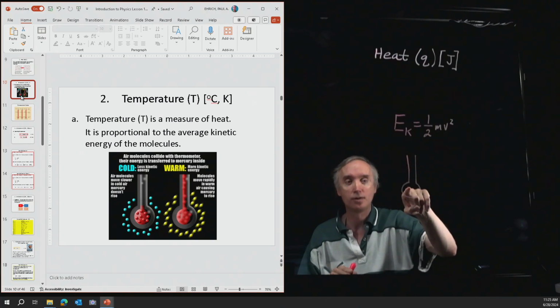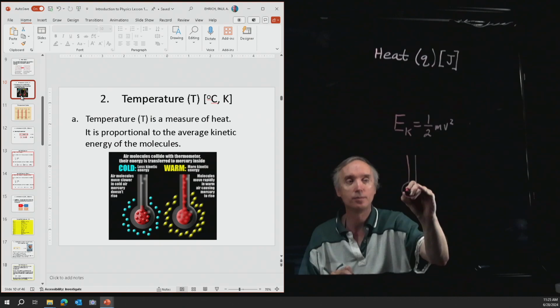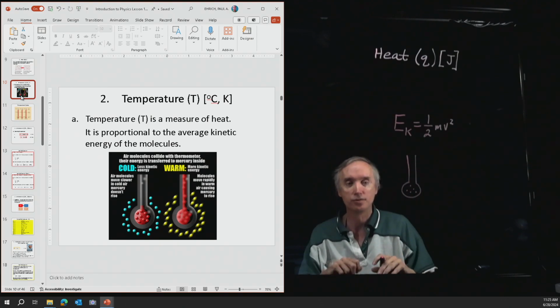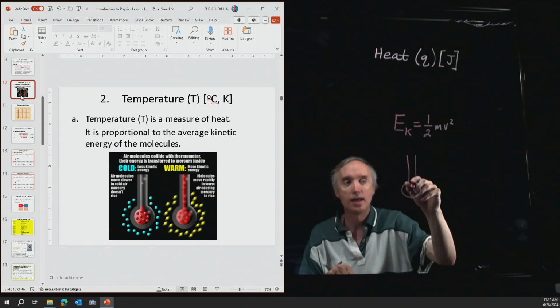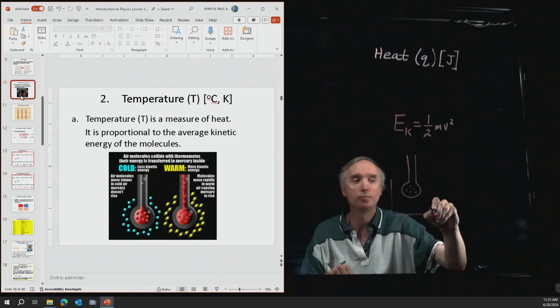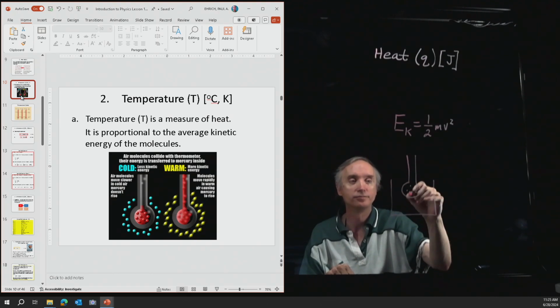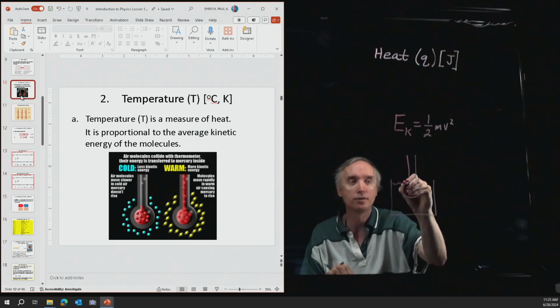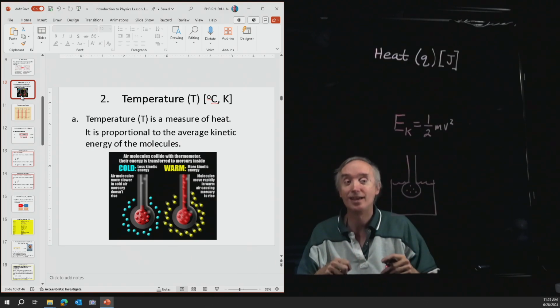So here's our thermometer, and it's going to have some kind of a liquid in it. Normally it's going to be alcohol. This represents the molecules of alcohol that are inside that thermometer. Now we're going to take this thing and put it inside of a cylinder, and let's say that there is some water in here that has a certain amount of energy.